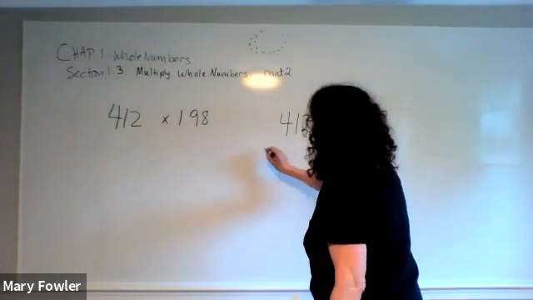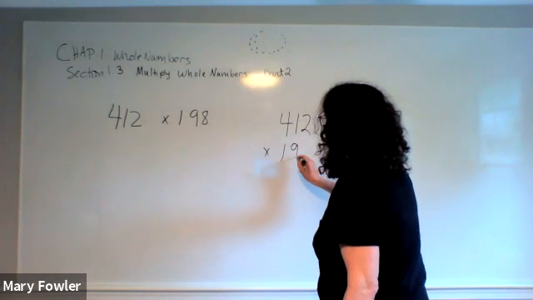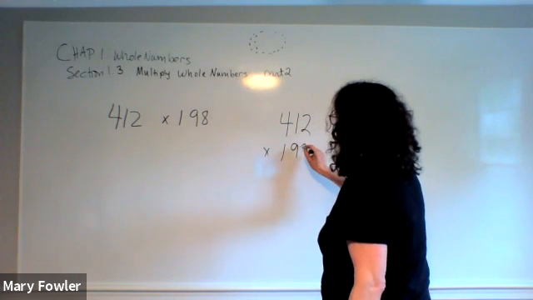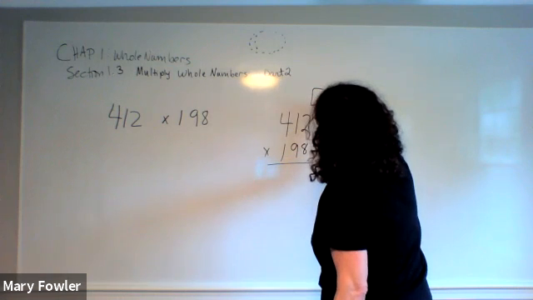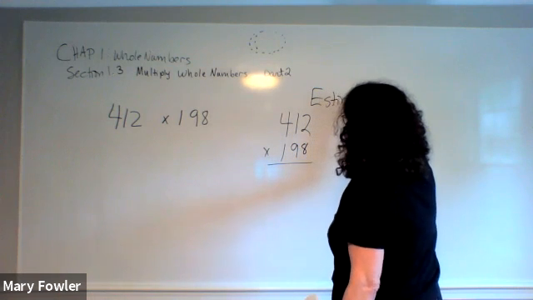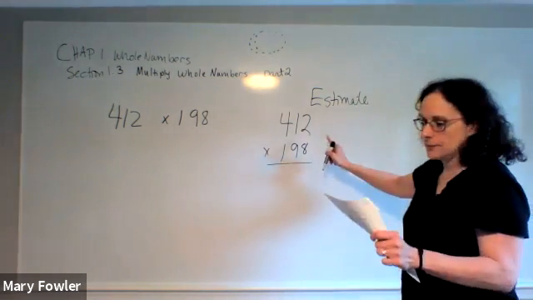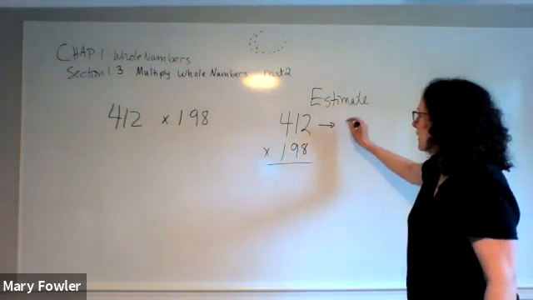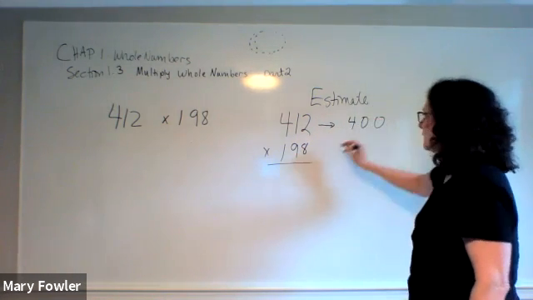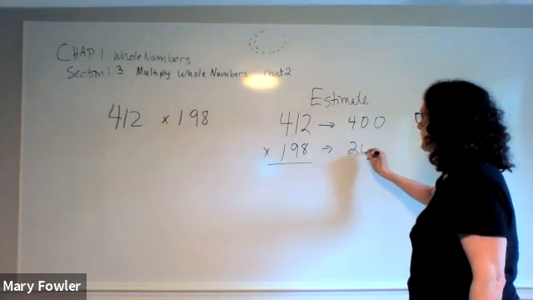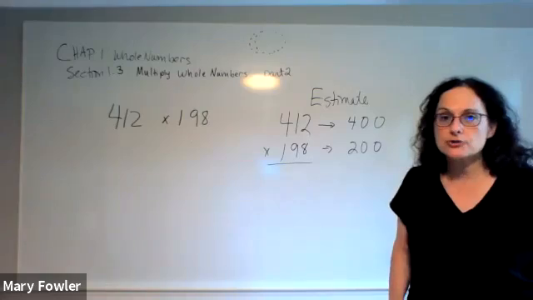So we're going to multiply 412 times 198, and this is an estimate. So I'm going to estimate 412 to be near 400, and 198 is close to 200.